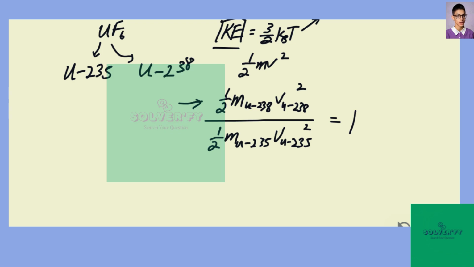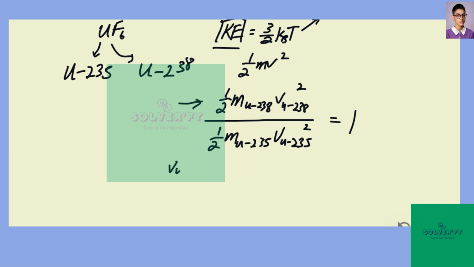Right, in order to get the ratio for the velocity, in this case, we need to bring the ratio of the masses across. We can divide the masses or divide the velocity. I'm going to divide the velocity across, since we are more concerned with the velocity.